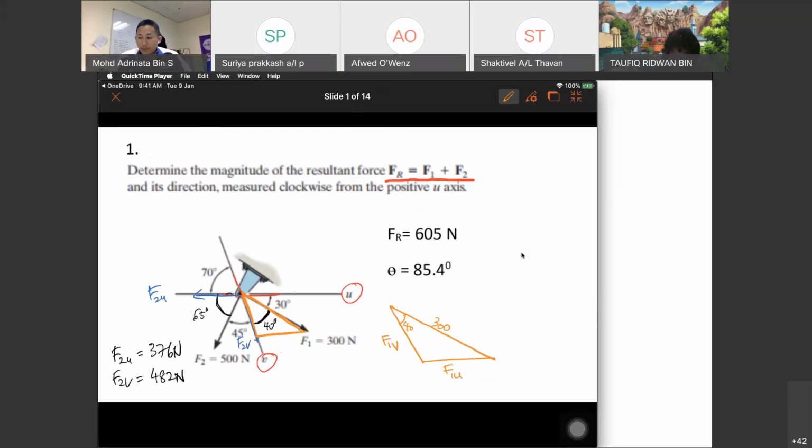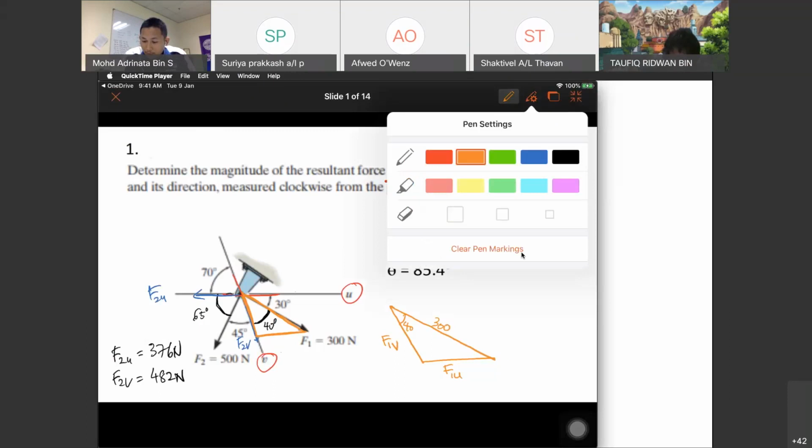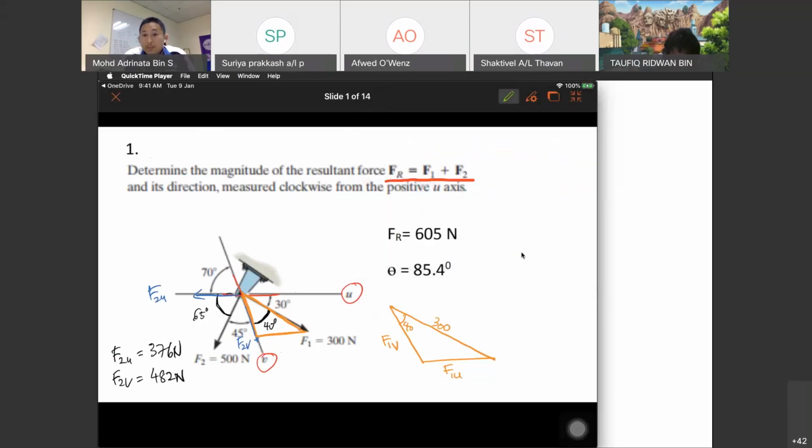Okay, so F1U, F1V. We have another thing, we can find our angle inside the triangle. So this one and this one.